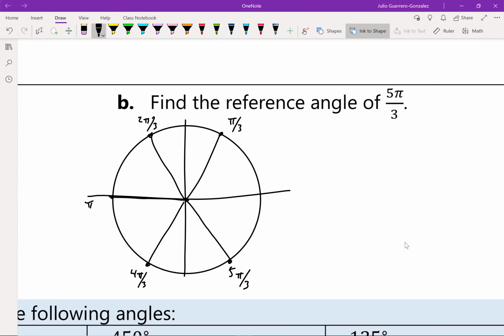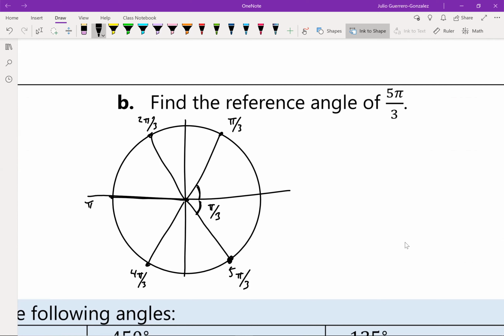Now, to find the reference angle, I need the equivalent angle in quadrant 1. Turns out this amount of angle right here is pi over 3, which is equivalent to this angle right here.